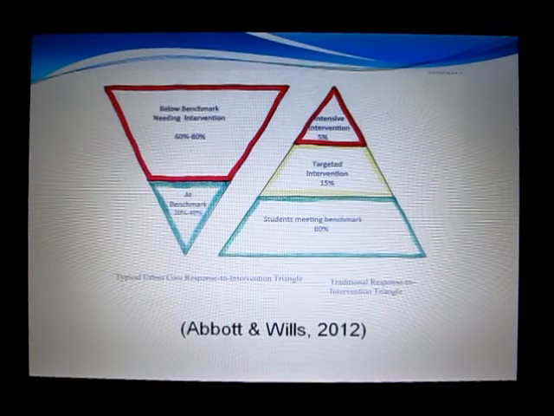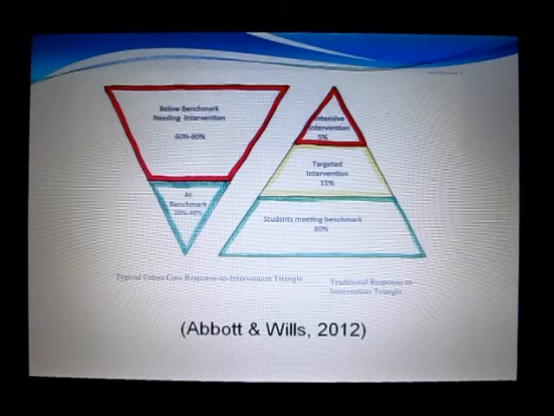Here we have that pyramid that is commonly thought of when we hear the words RtI. On the right-hand side is that traditional response to intervention triangle or pyramid that has 80% of your students in the green. Those are meeting benchmark. That is considered your tier 1.